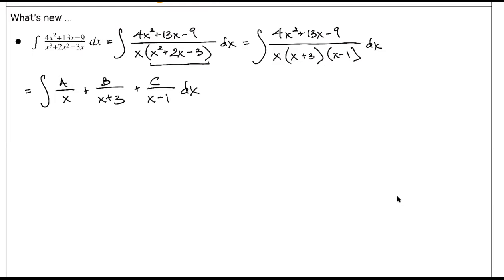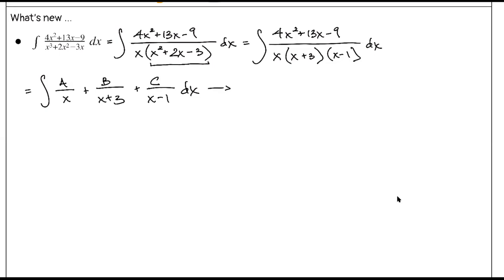Okay? Now, if it were in this form, a over x plus b over x plus 3 plus c over x minus 1, then it would look like an integral that we could integrate, because we could do each part by itself, and then we would be able to get our answer, okay? And so what we're going to do now is find a, b, and c.